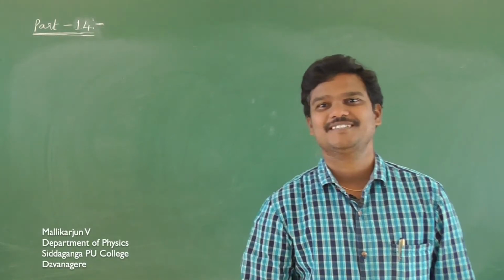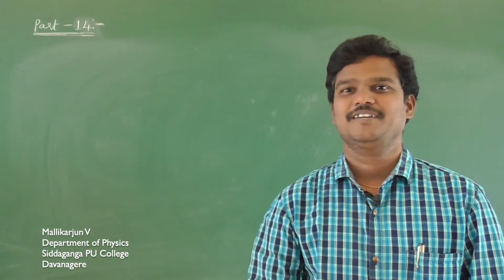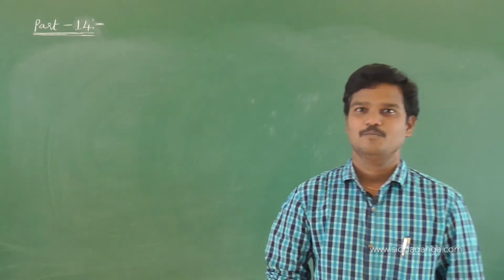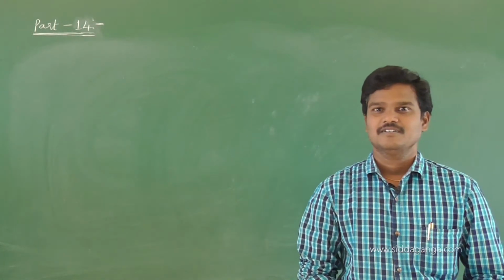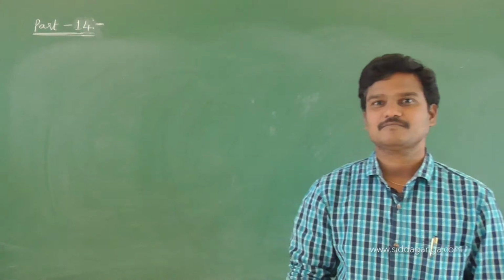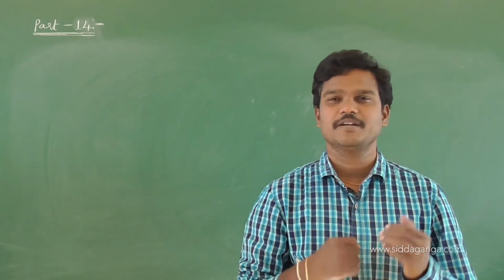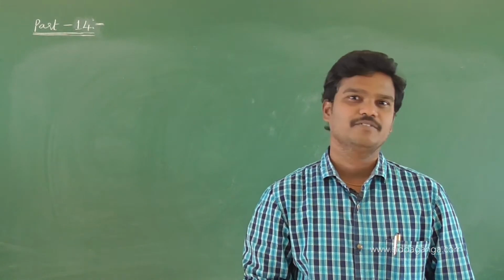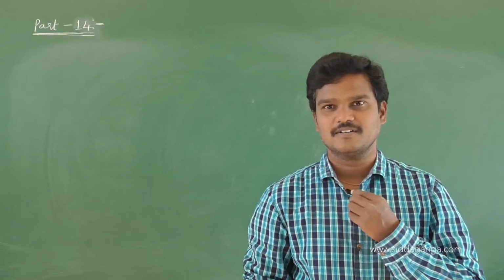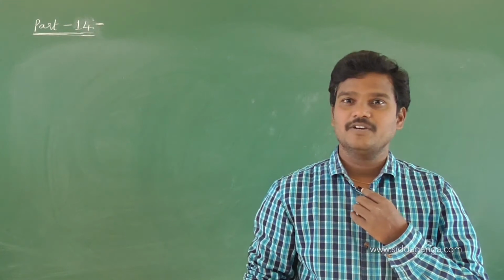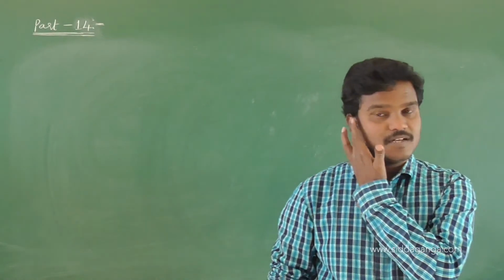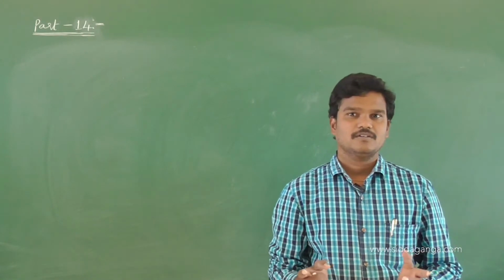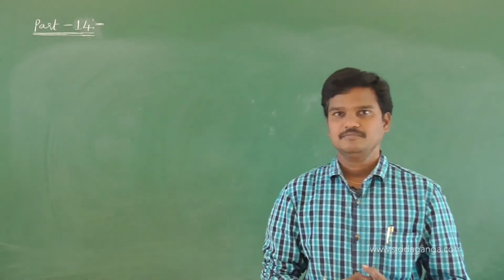Yeah, hello dear students. Now let me continue again systems of particles, rotational motion, part 14 lecture. In the last two lectures we covered very basic things like torque, and we know how to identify the direction of the torque, and we covered angular momentum, and we know a relation between torque and angular momentum.